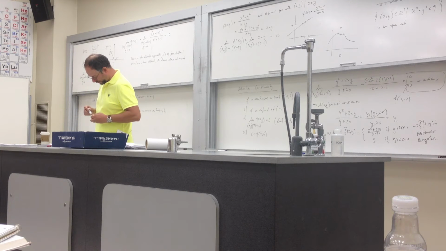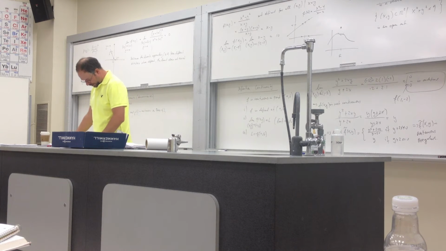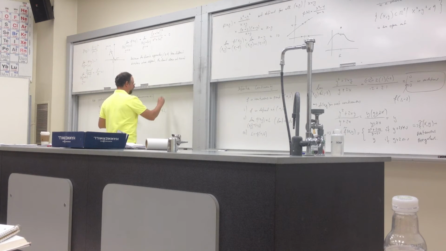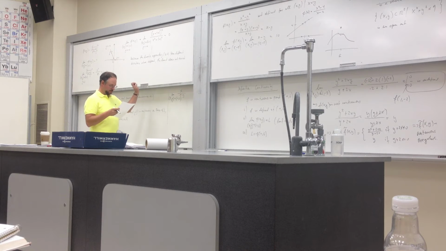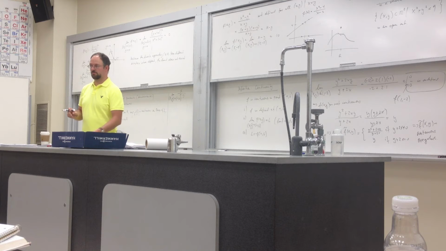Question. We have the limit as x and y converge to a and b of x divided by x minus y. That limit exists under what conditions?